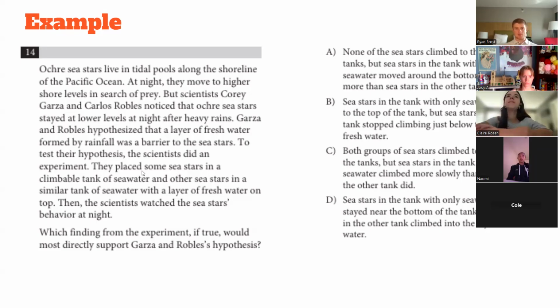Their experiment was that they placed some sea stars in a tank of only seawater and others in one with seawater at the bottom and fresh water at the top. Then they wanted to see where they would climb. So B here would be our best answer. The sea stars in the tank with only seawater climbed all the way to the top, but the ones in both the seawater and the fresh water did not climb to the top, only to the fresh water.